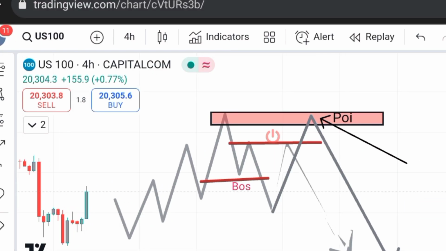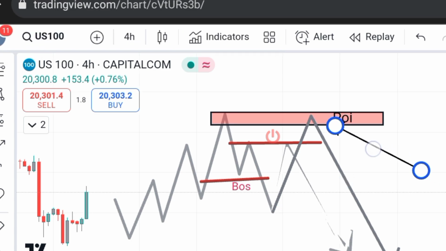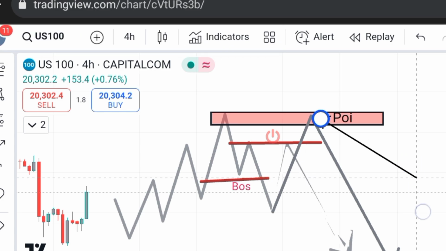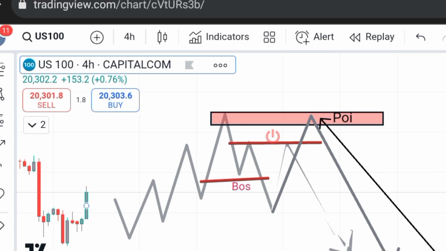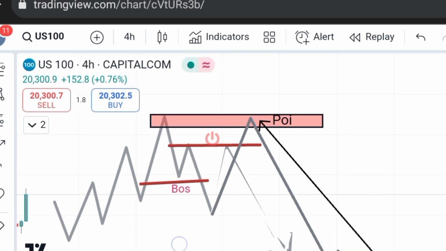Now you can see, instead of the market stopping at our first zone, it moved up to this POI, and it fell from here to the downside. So that is the first and the second market structure we are looking at today.